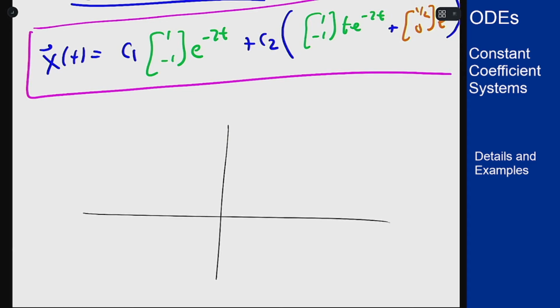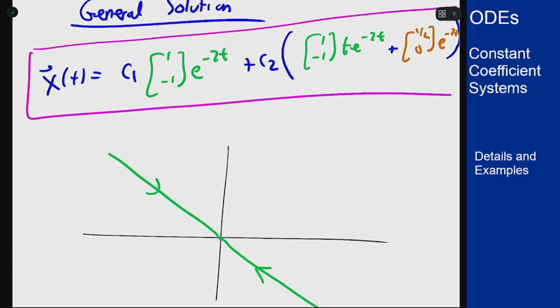Draw on our axes. We have our straight line at (1, -1), so that's off this way, and it's coming in. And we can rewrite our non-straight line solution as (t + 1/2, -t) times e^(-2t). So at t = 0, that is at (1/2, 0). That's going to be over here somewhere.